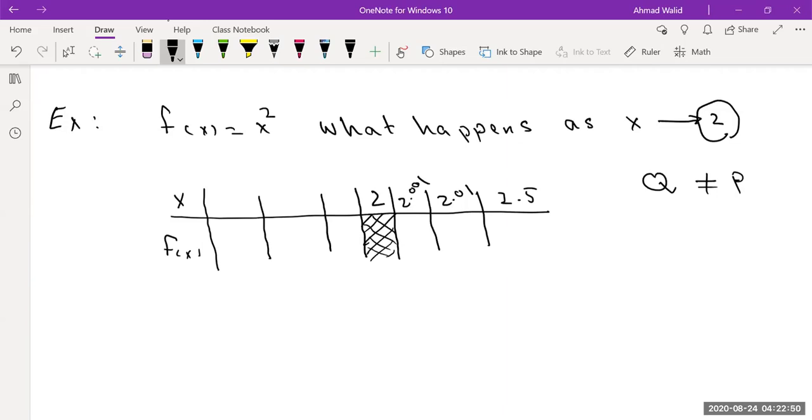From the left side, maybe I'll start from 1.5, here maybe 1.9, and here maybe 1.99, correct? And here 1.999, really, really close to 2.